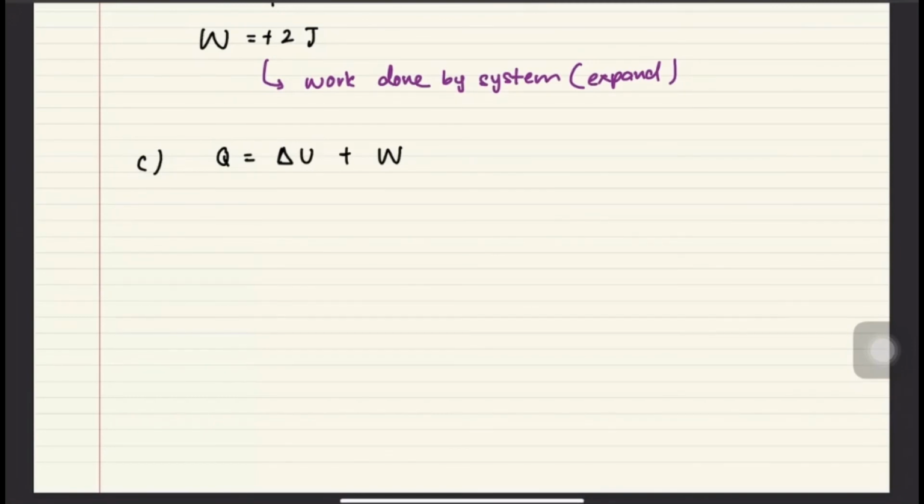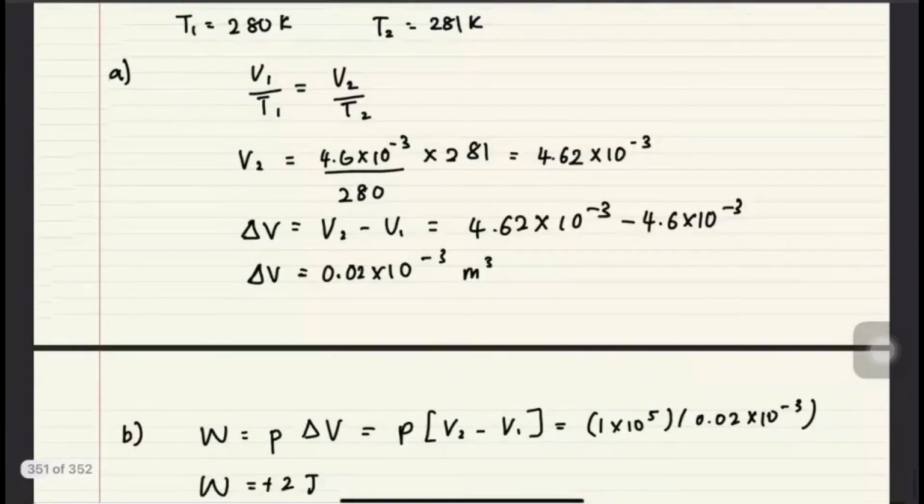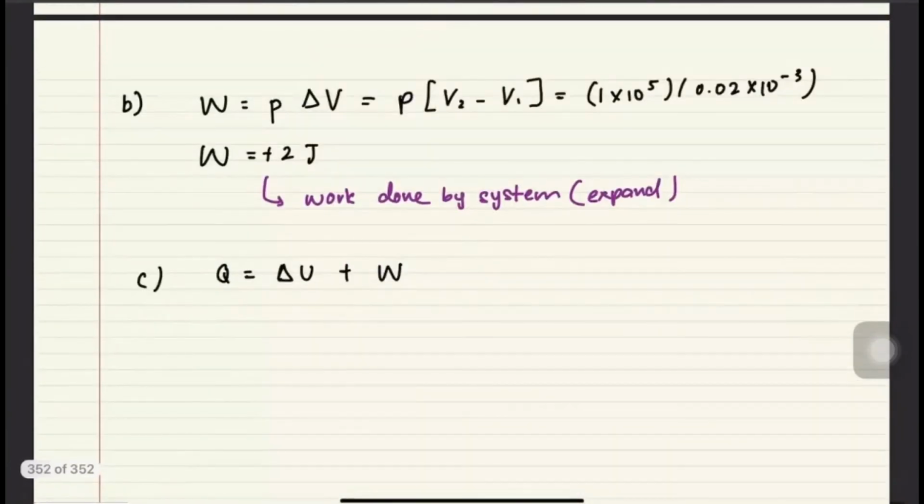Okay, you do have the W sebab W sama dengan 2, but now you have to find the delta U. Okay, how to find the delta U tanpa gunakan equation lah. So kalau pakai equation ni kamu kena ada Q kan. So saya selalu cakap ada 2 cara nak kira delta U. Okay, one more thing, you can use delta U equals to F over 2.